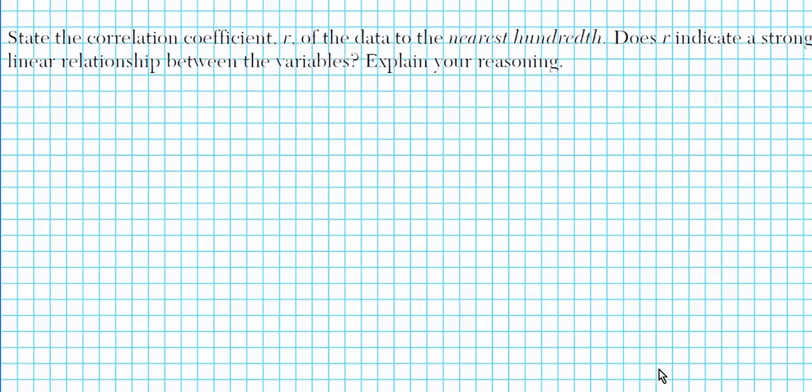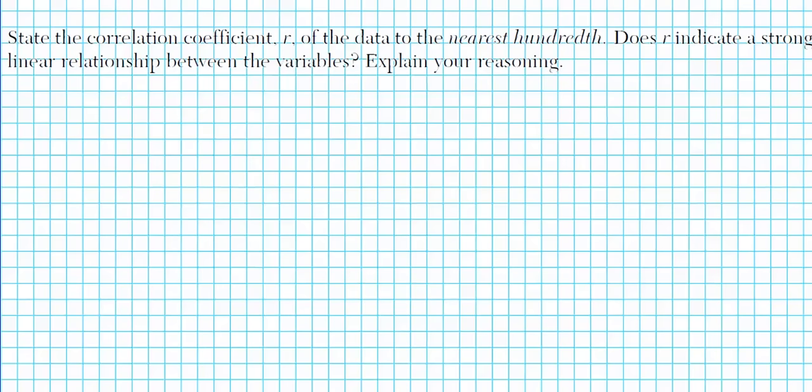Okay, now let's take a look at the second part. It says state the correlation coefficient r of the data to the nearest hundredth. Does r dictate a strong linear relationship between the variables? Explain your reasoning.